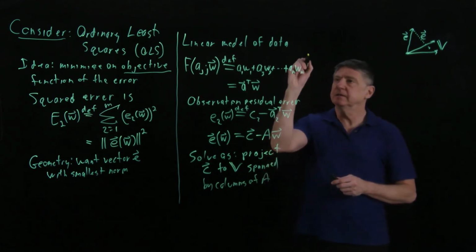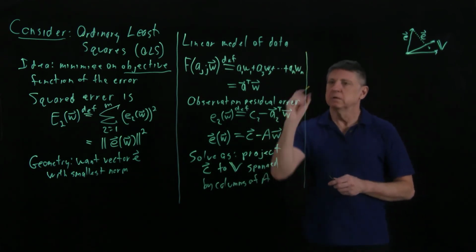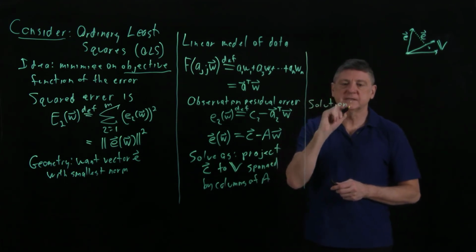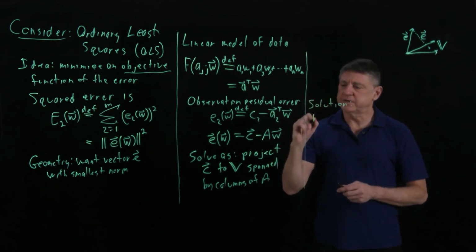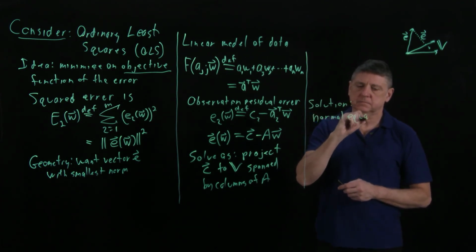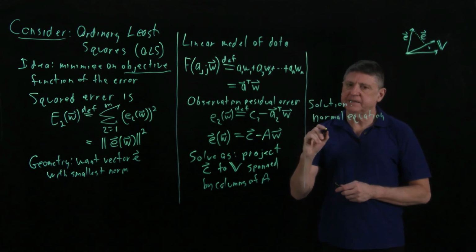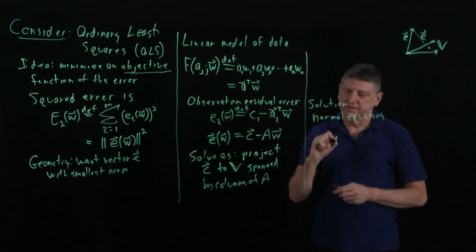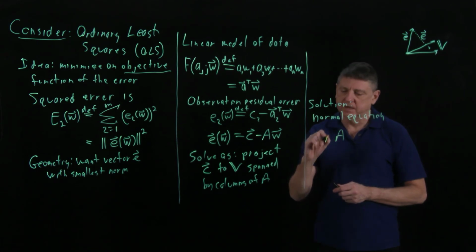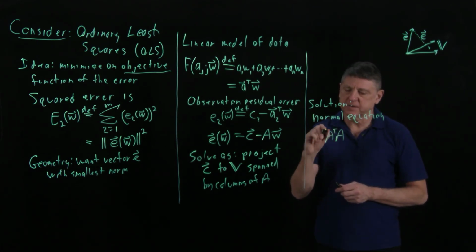The solution for us is the normal equation. We take the data that are gathered together in matrix A and pre-multiply it by the transpose.